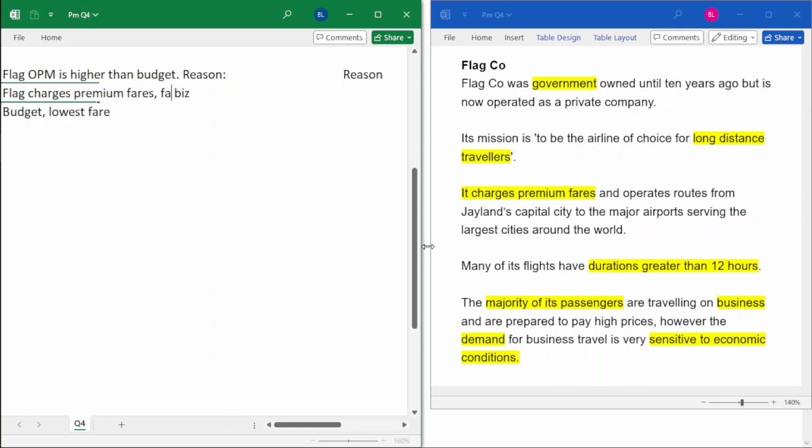So focus on business class passengers. So you charge the business people.